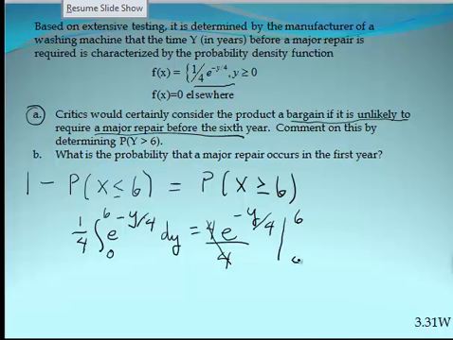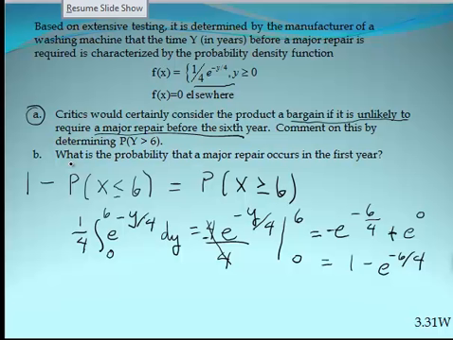Evaluated from 0 to 6, that's going to be minus e to the minus 6 over 4. Oops, I forgot to put the minus sign right there. So there's our minus sign, and then minus minus makes it plus e to the 0.